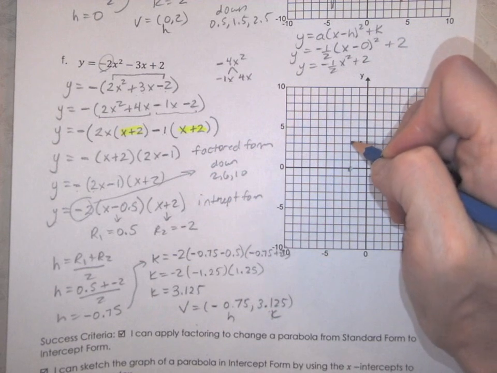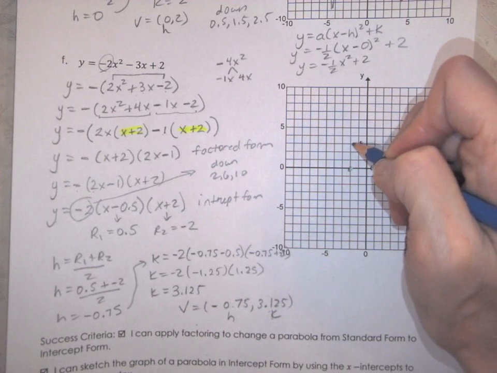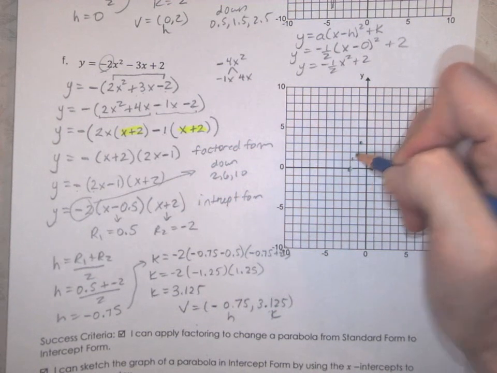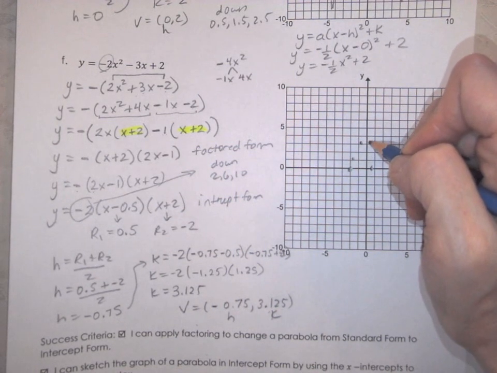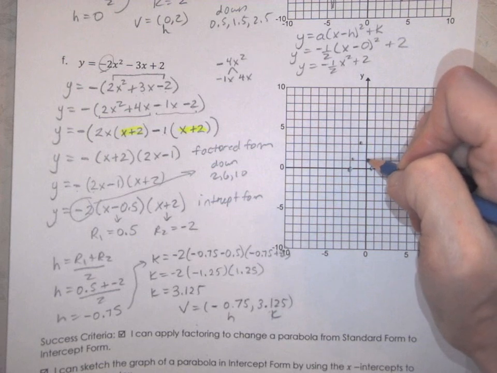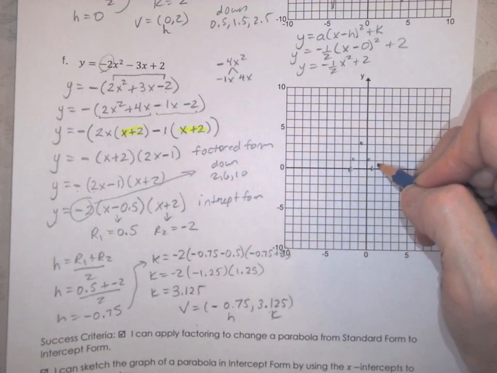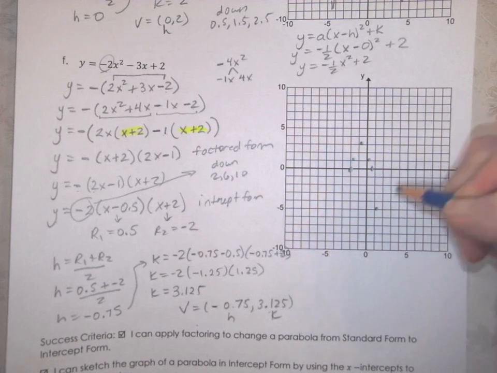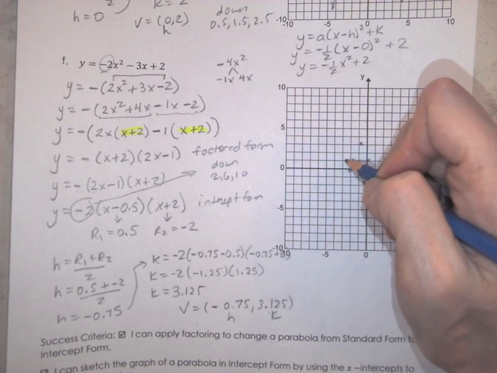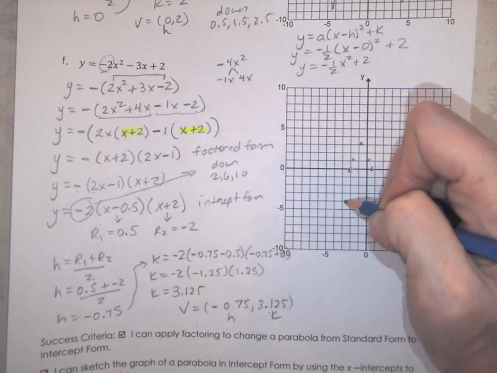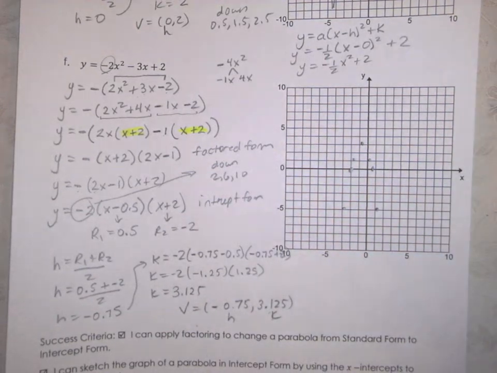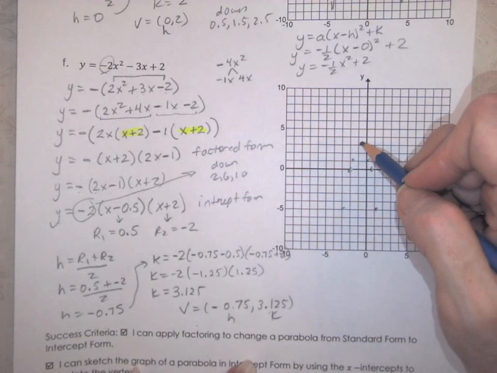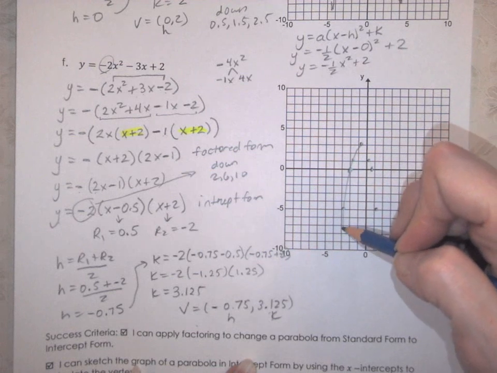So over 1, down 1, 2, over 1, down 1, 2, over 1, down 1, 2, 3, 4, 5, 6, over 1, down 1, 2, 3, 4, 5, 6, and the 10 doesn't fit. Draw it in with a smooth curve.